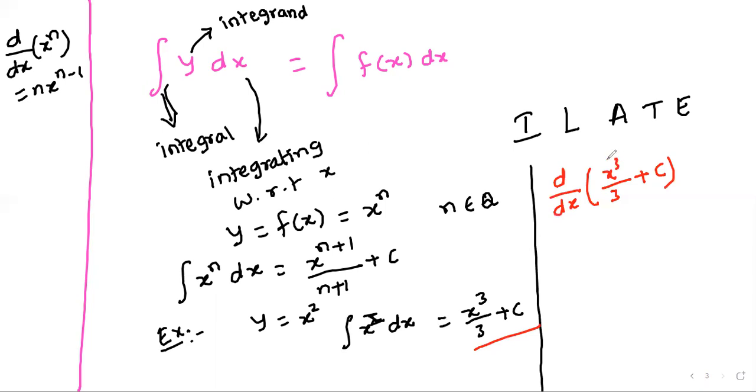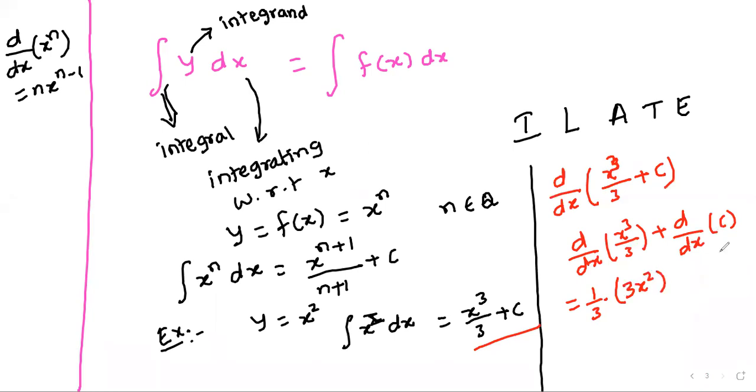what will I get? That is d by dx of x cube by 3 plus d by dx of c. So 1 by 3 is constant, d by dx of x cube I can write as 3x square, and d by dx of constant is 0.